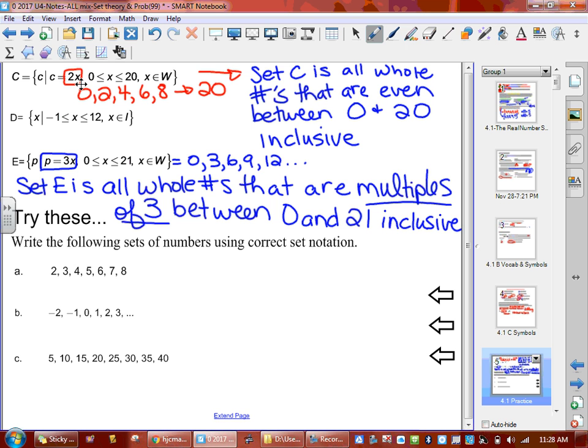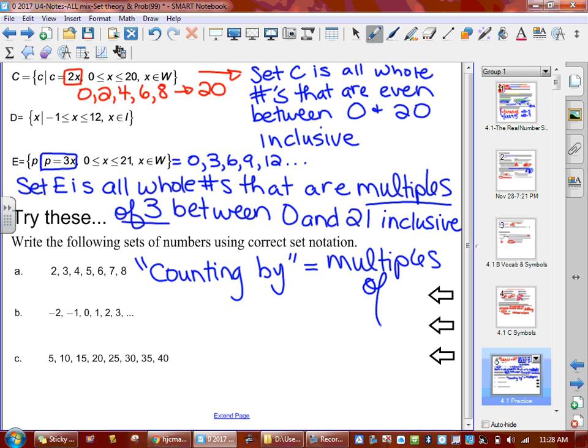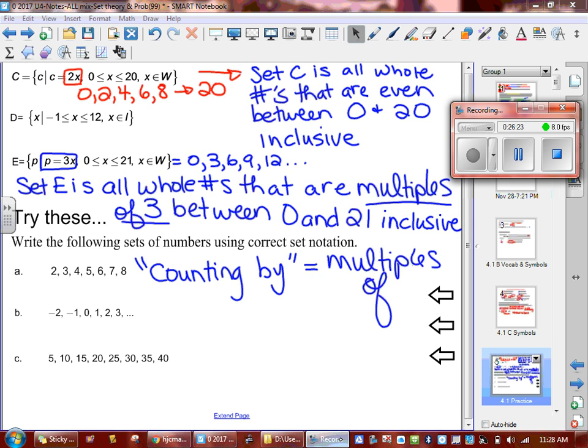If we want to say counting by 3s, we say multiples of 3. That's how you would actually say it for our written expression. Okay, I'll give you a minute to write that down. Try and work on set D while we're waiting, okay?